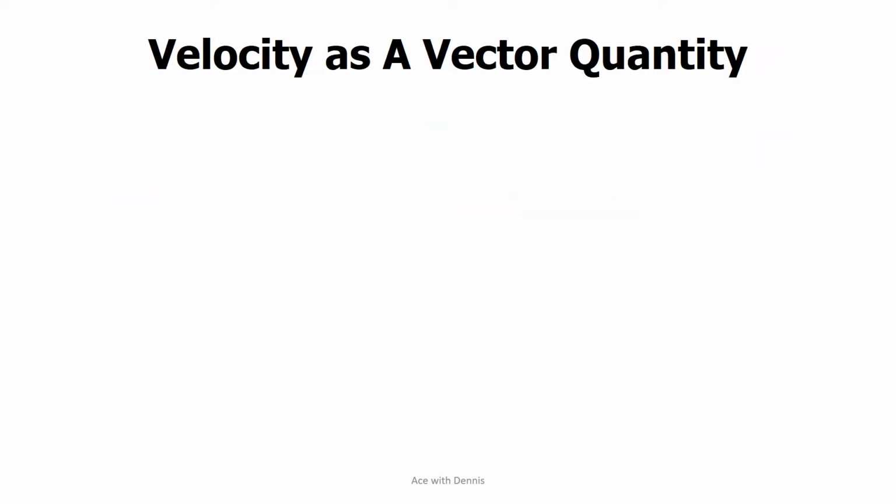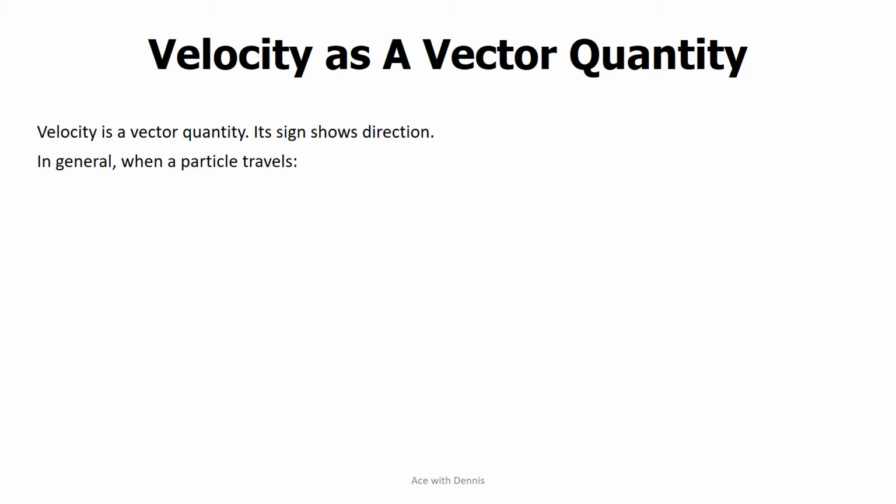Now, let's talk about the concept of velocity as a vector quantity. If you study physics, you should learn this concept in more detail. Velocity is a vector quantity, which means that its sign shows direction. In general, when a particle travels, here is the particle.